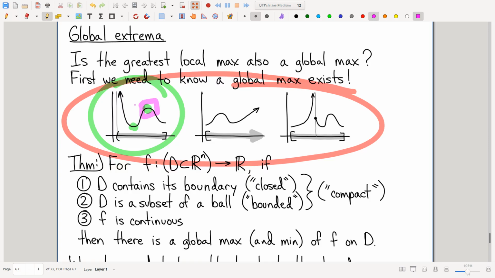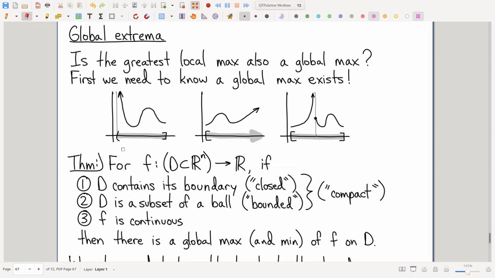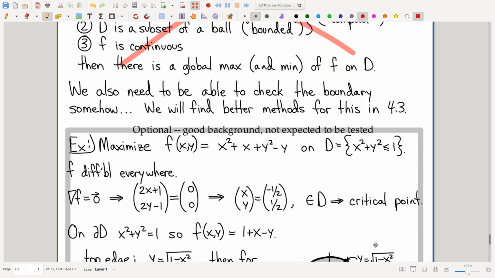Does that make it the absolute maximum? Nope. The function's getting way bigger as you go that way. So you do have to watch out for stuff like that, and there's a whole thing about that, but I'm going to say not our problem. Y'all are not responsible for that.